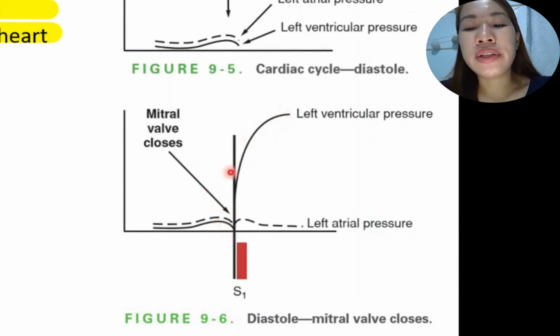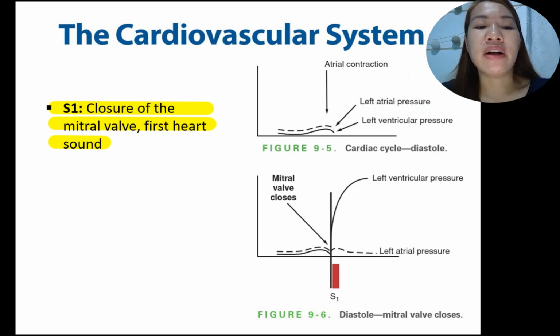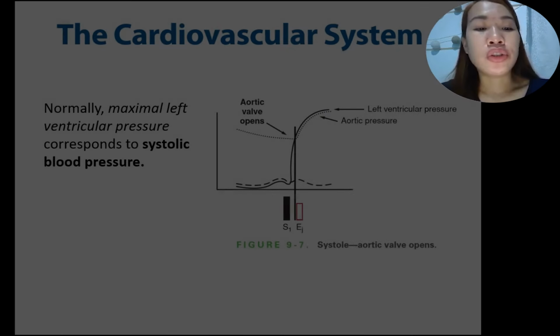Now, in order for the blood not to flow back to the left atrium, the mitral valve should close as the left ventricular pressure increases during a contraction of the ventricle. So S1 is for mitral valve closure.